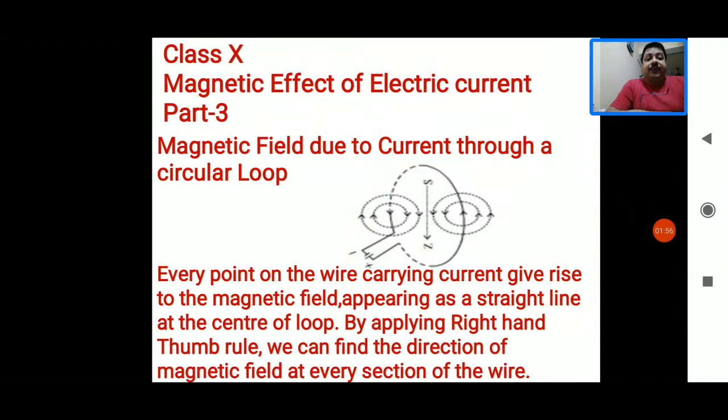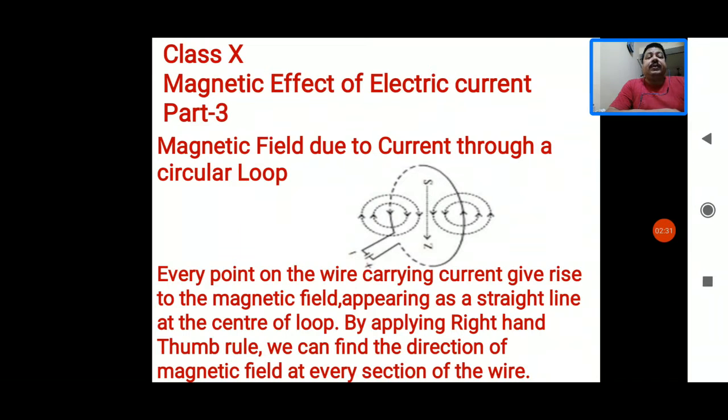So two factors are there. After combining we get B is proportional to I upon R. So it is the mathematical form for the magnitude of the magnetic field through a straight current carrying conductor. Its SI unit is Tesla, so learn it.